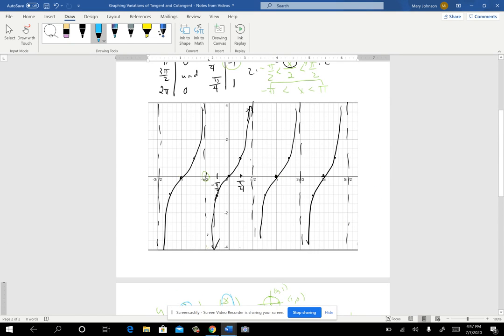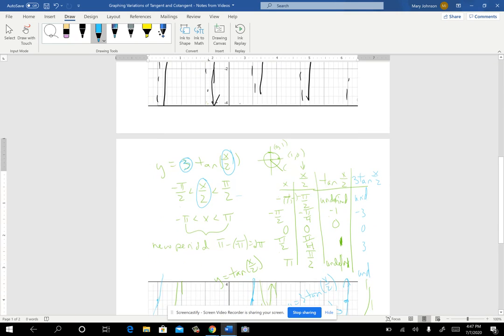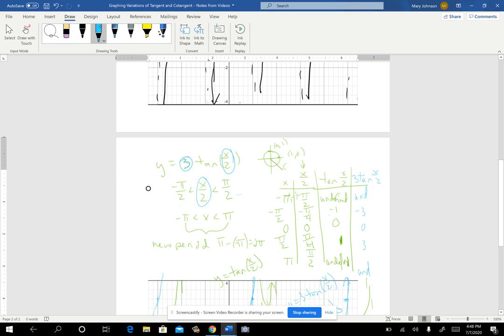So the full cycle of tangent happens from -pi/2 to pi/2, and so you wind up figuring out what the new starting and ending point would be. It's not a phase shift though. The whole thing was just stretched. The whole thing didn't get shifted left to right. It just was stretched. But we can see to start at -pi, and the whole cycle doesn't happen until you get to pi.